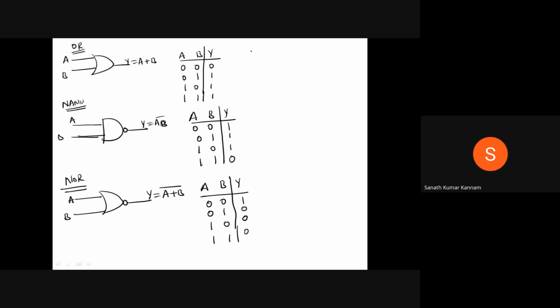And next, the XOR gate. What is an XOR gate? This is nothing but an odd detector. So A XOR B you can write as A bar B plus A B bar.